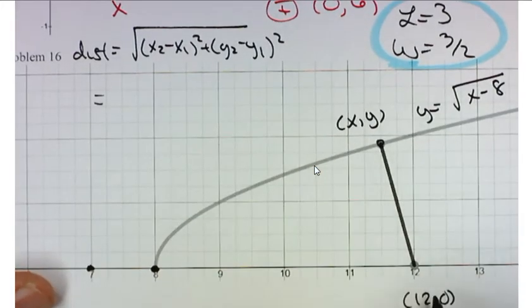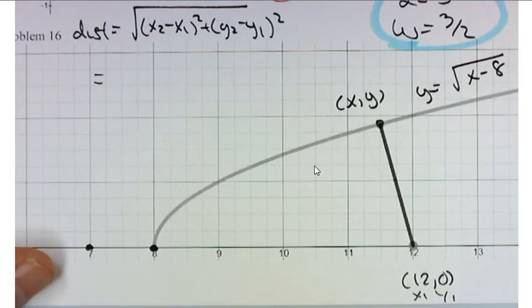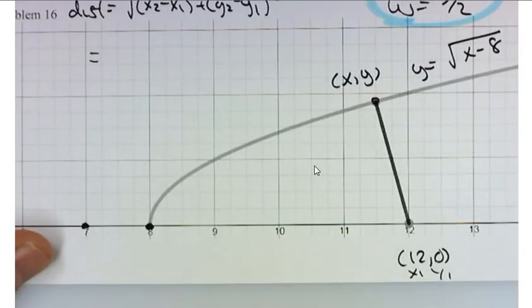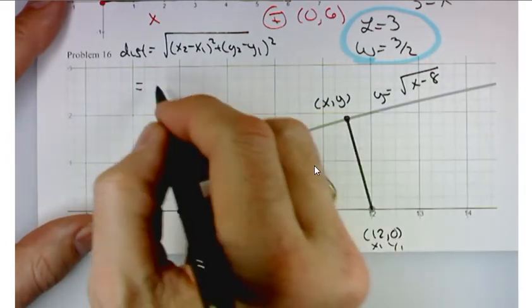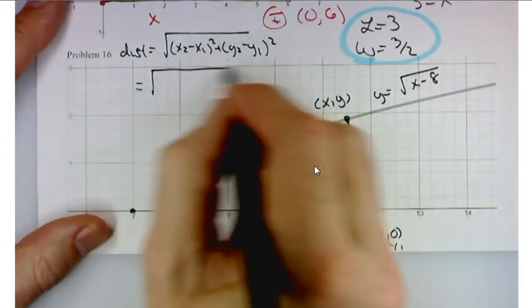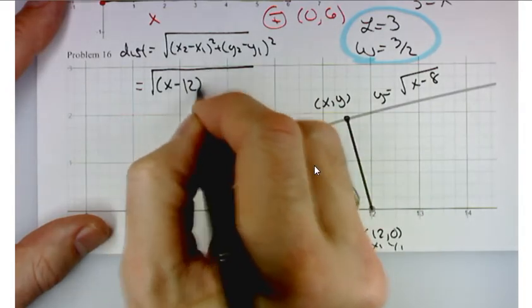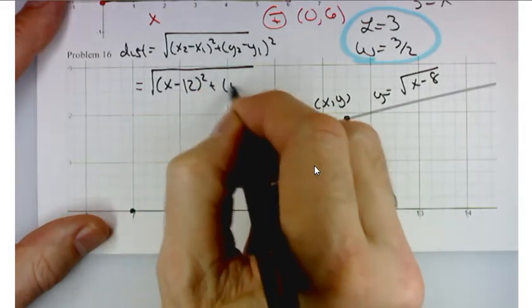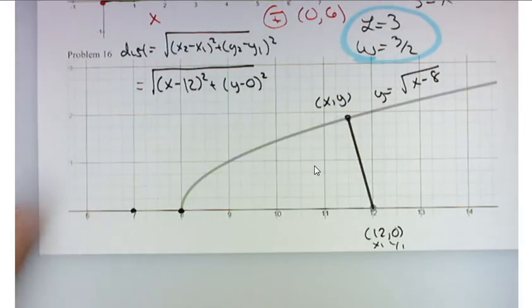I can put in this point, we'll call that my x1, y1 down here at the bottom. And then this would be my x2 and y2. So that distance is going to look like this: square root of x minus 12 squared plus y minus 0 squared. Again, just filling in the distance formula.